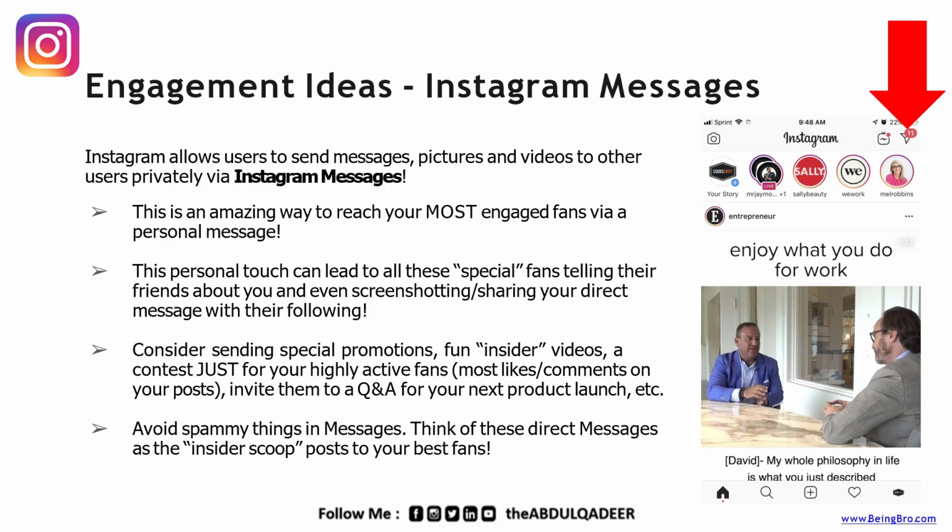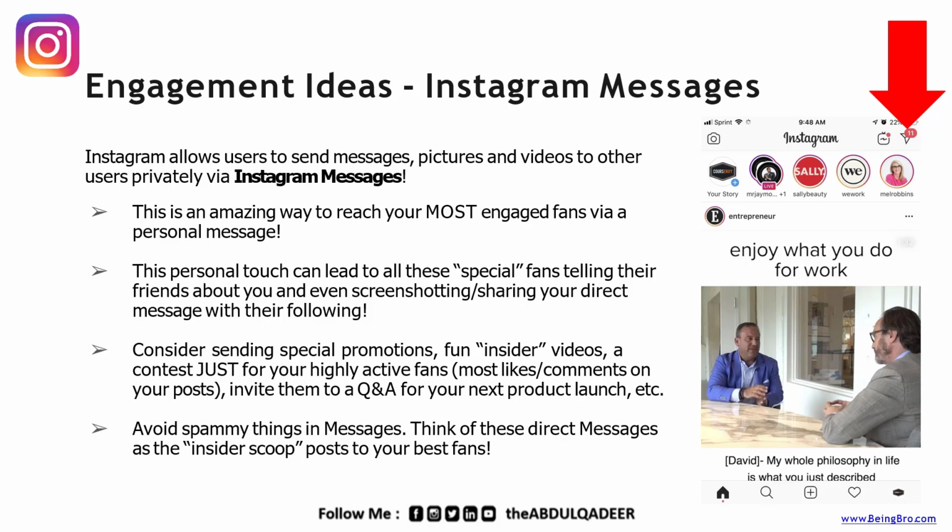And engagement ideas: Instagram messages. Instagram allows users to send messages, pictures and videos to other users privately via IM. This is an amazing way to reach your most engaged fans via personal messages. This personal touch can lead to these special fans telling their friends about you, and even screenshotting and sharing your direct message with their following.